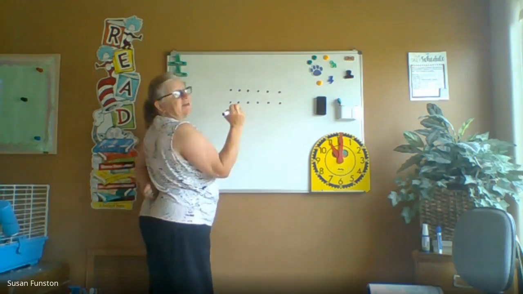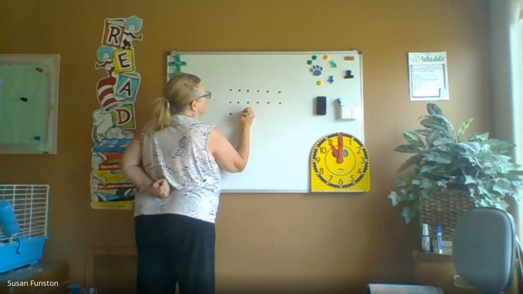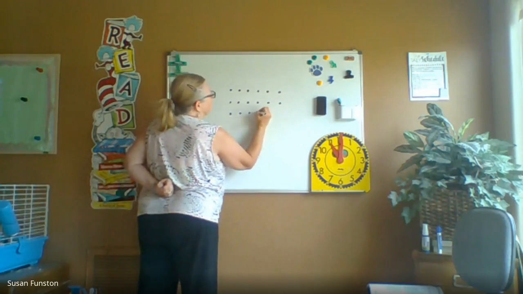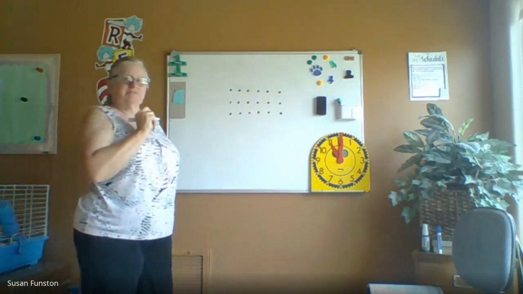How many groups did I say? 3 groups. I need one more. 1, 2, 3, 4, 5, 6. So 3 groups of 6.